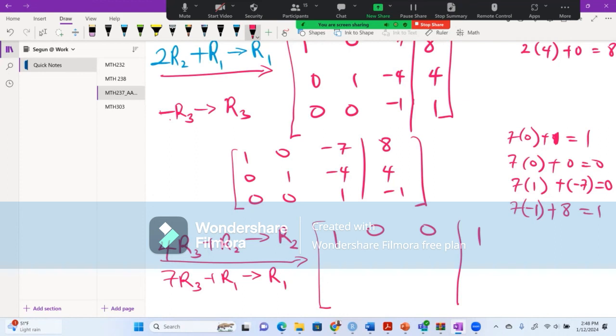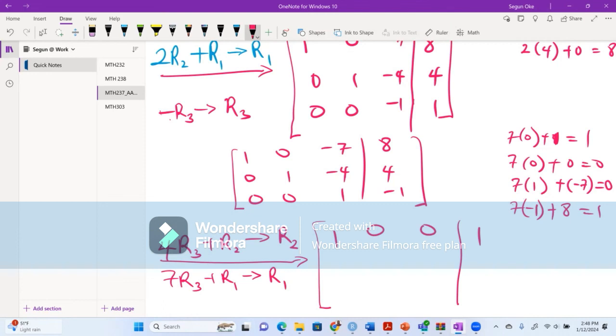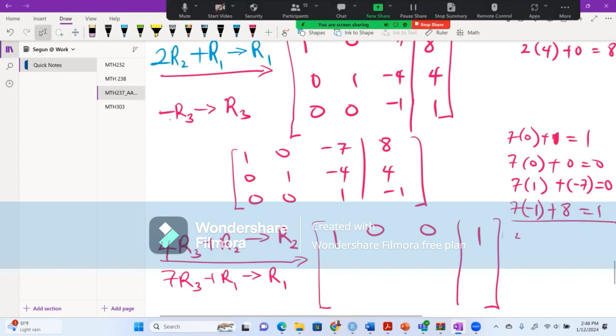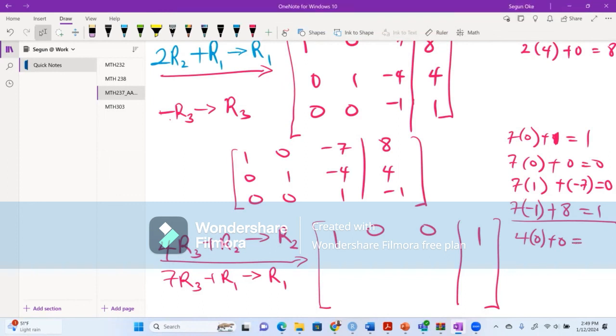Then R2 remains, we need to work on R2 too. 4 multiplied by R3, R3 is 0, plus R2, 0, will give me 0. Then the same, 4 multiplied by 0 plus 1 will give me 1.